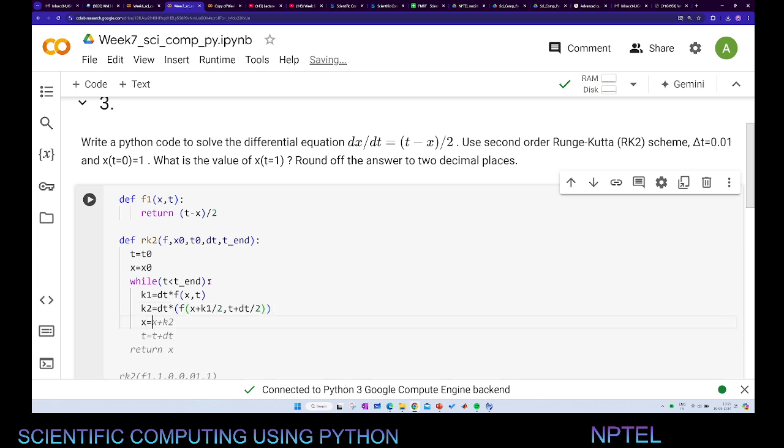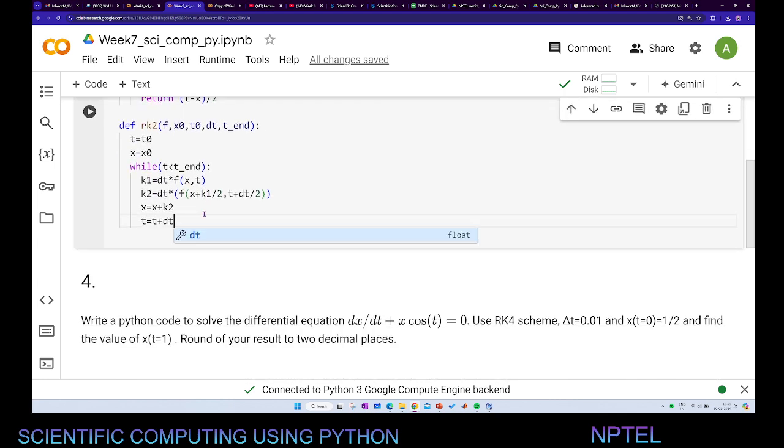And then x is x plus K2. So first you find dt times f, the Euler step, and use that K1 to find the actual step, which is the RK2 step. And then x is x plus K2, and t is t plus dt. And you keep on doing this till t becomes greater than t end.